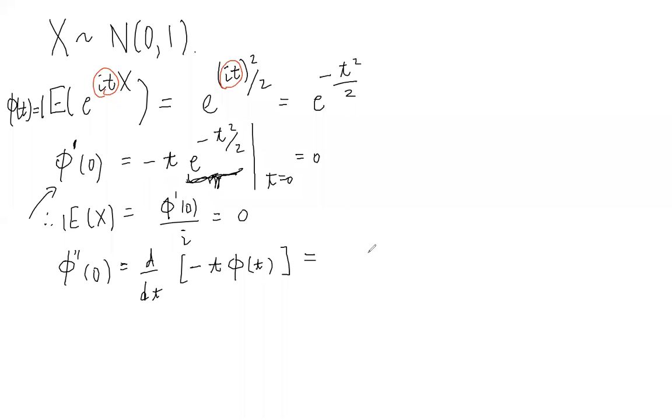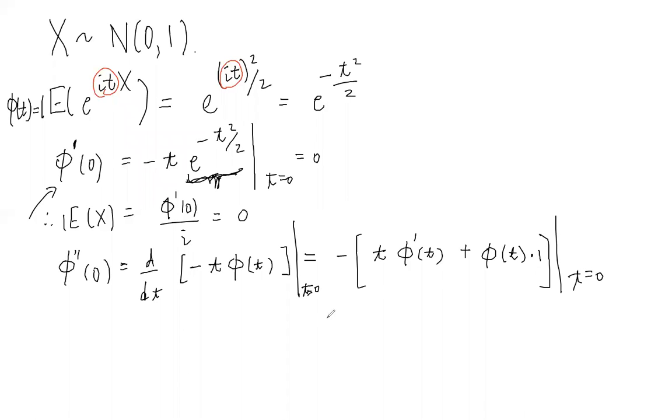So this becomes minus t times the derivative of phi t, plus phi t times the derivative of minus t. And because here you have evaluation at 0, this part will be 0.